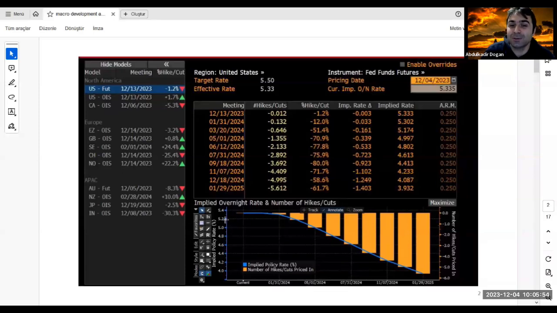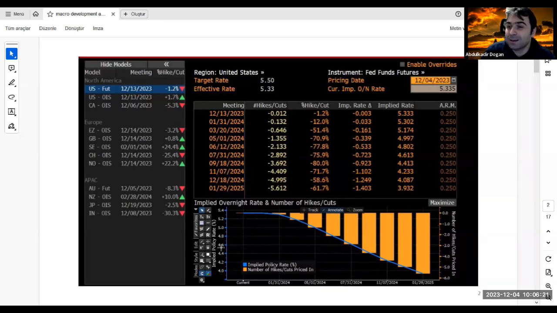It is around 5.25, and it will end up like this during this year. And the market is saying that until, let's say, mid 2024, we will have around 3 rate cuts, and the actual rate will be around 4.6.